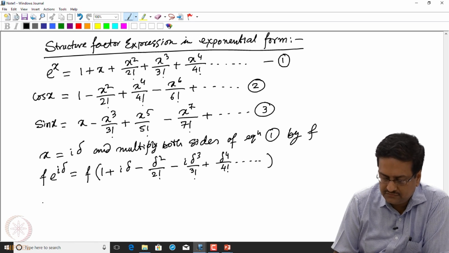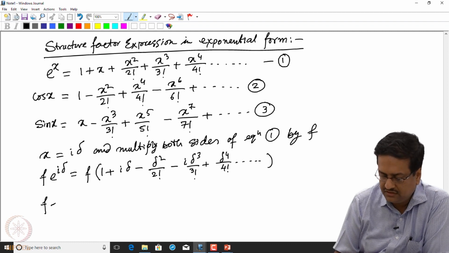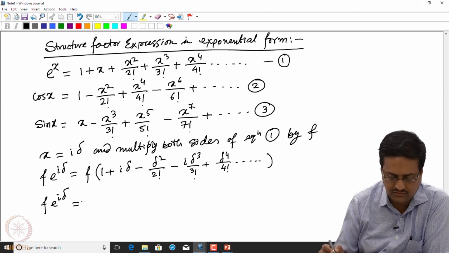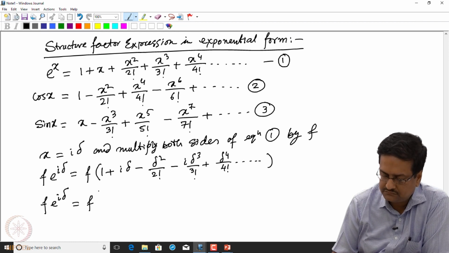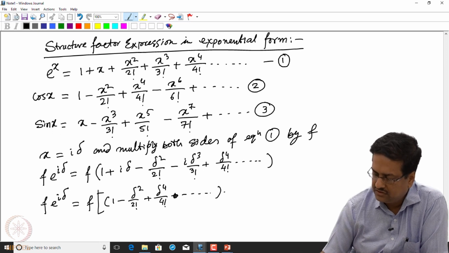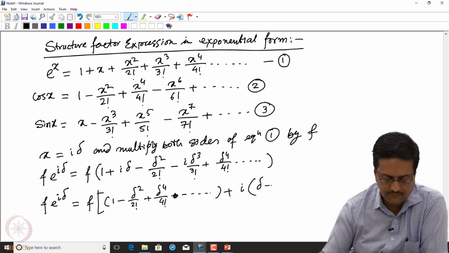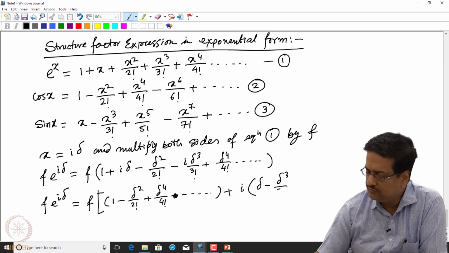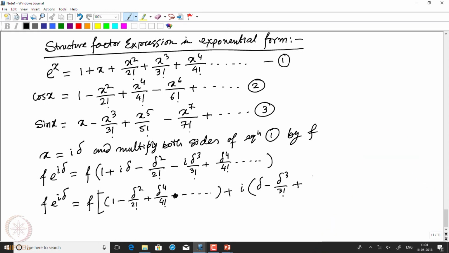So one can write this f e to the power i delta equal to f times 1 minus delta square by 2 factorial plus delta to the power 4 by 4 factorial minus and so on, plus, taking i out, delta minus delta cube by 3 factorial plus delta to the power 5 by 5 factorial and so on.